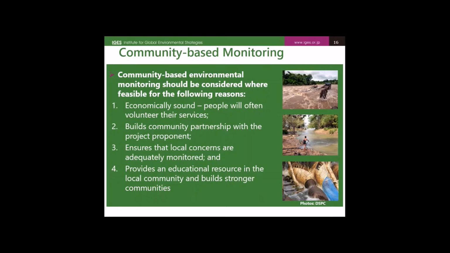It ensures that local concerns are adequately monitored and not just concerns that the Environment Agency may have. And it provides an educational resource in the local community and helps to build stronger communities, especially where volunteer groups come together and conduct monitoring activities on a regular basis.